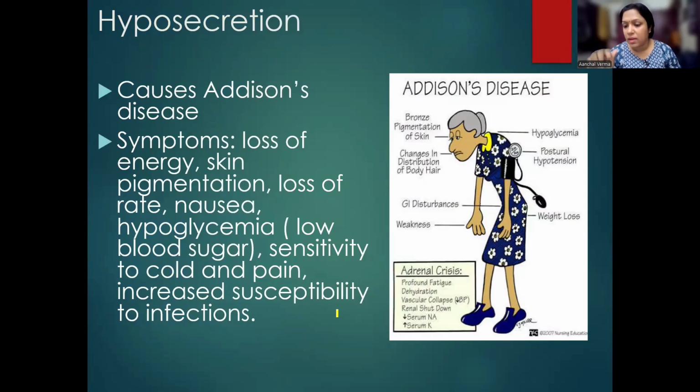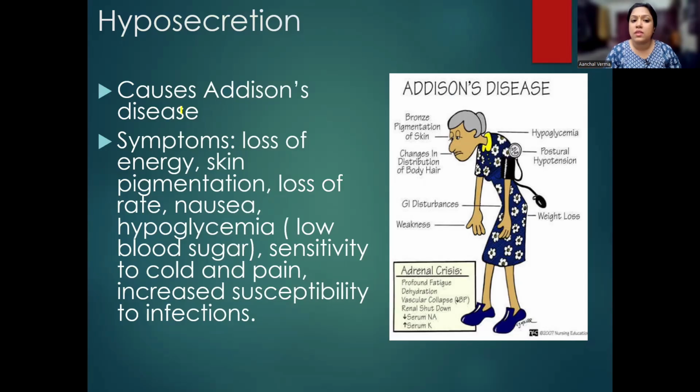Addison's is A. Cushing syndrome is C. Alphabetically, A comes first and then C. So A is lesser than C. A is for hyposecretion of adrenal corticotropic hormones, and C is for hypersecretion, that is Cushing syndrome.